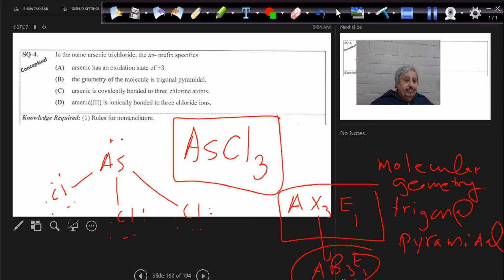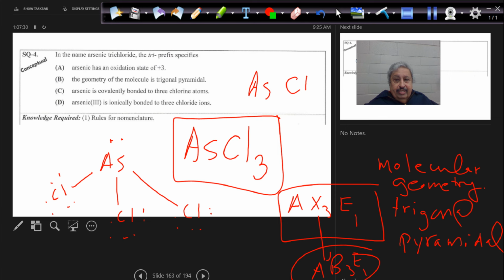That's the molecular geometry or shape. Okay, guys. Now, what is the tri? We didn't answer this question. The tri prefix specifies arsenic has an oxidation number of 3, correct?